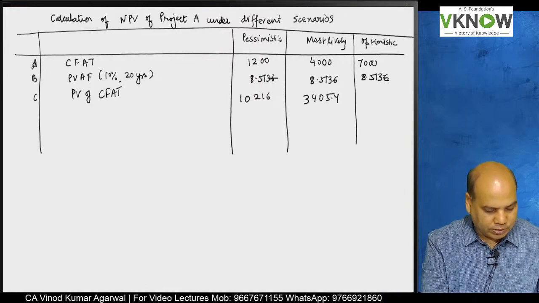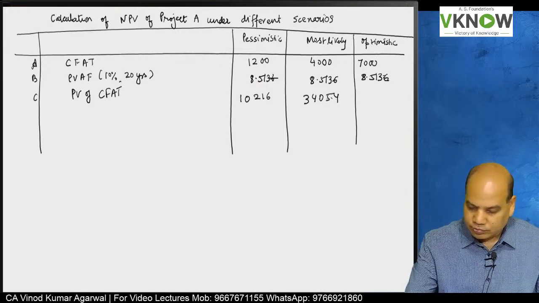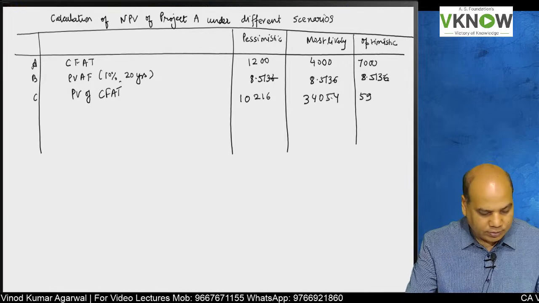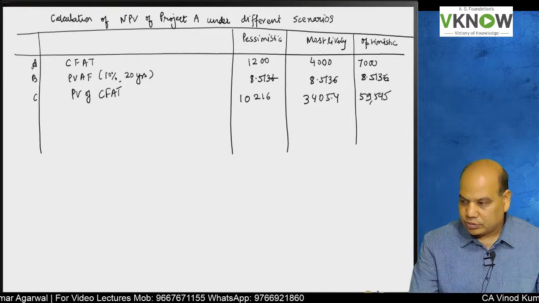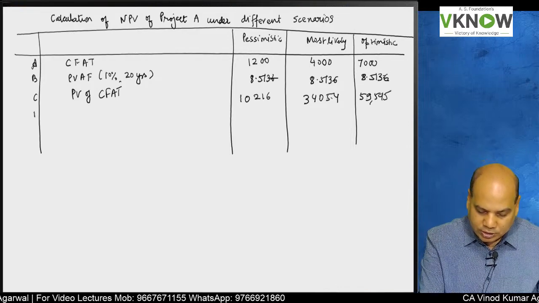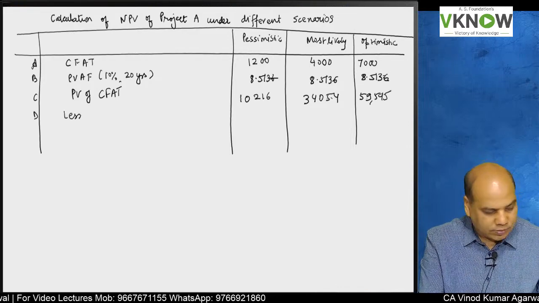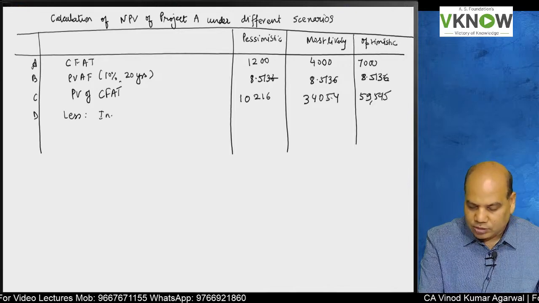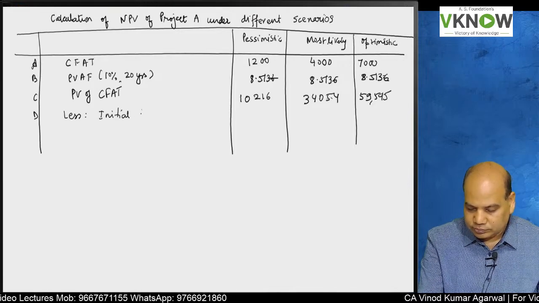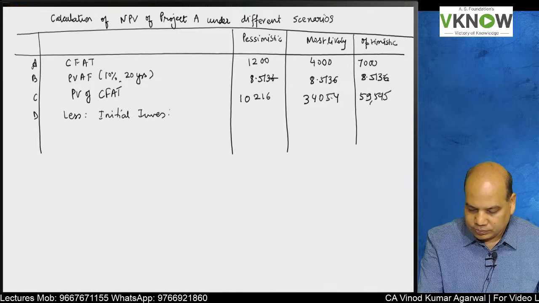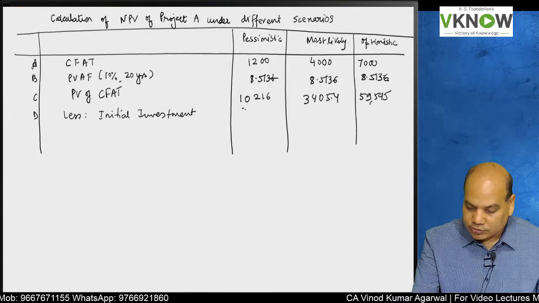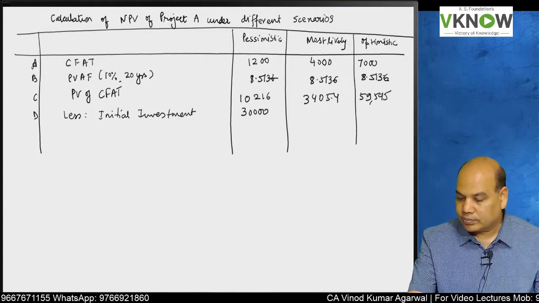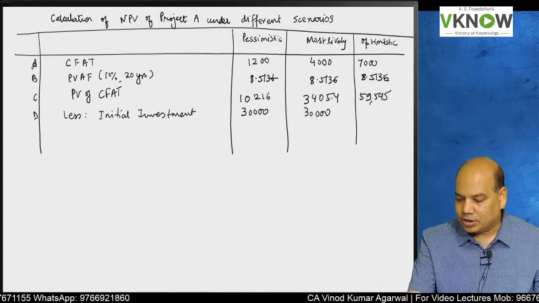And now you type 7000 and press equal to, you will get 59595. And then point number D, write down less initial investment. Initial investment is 30,000.